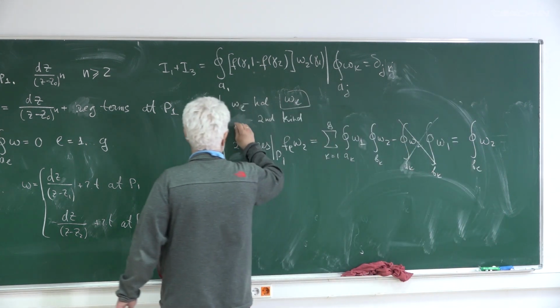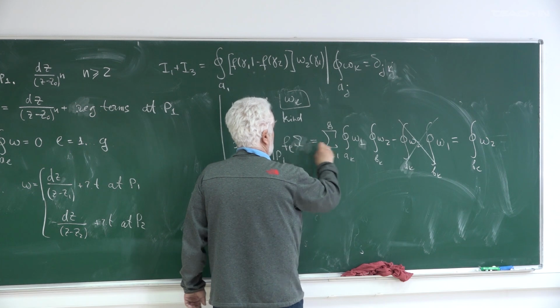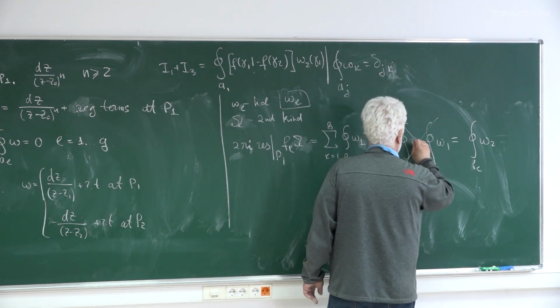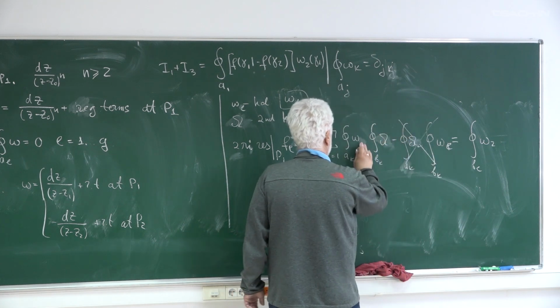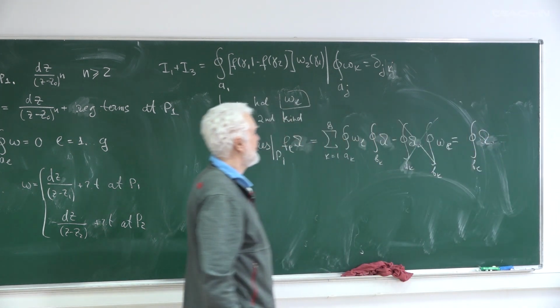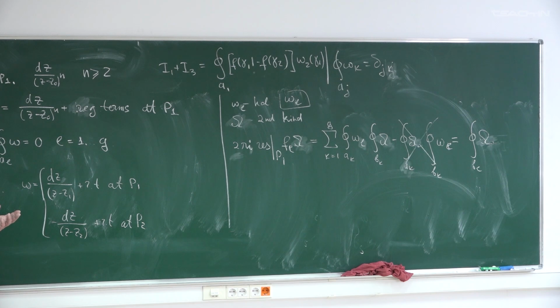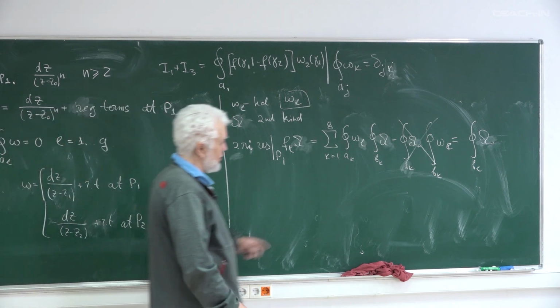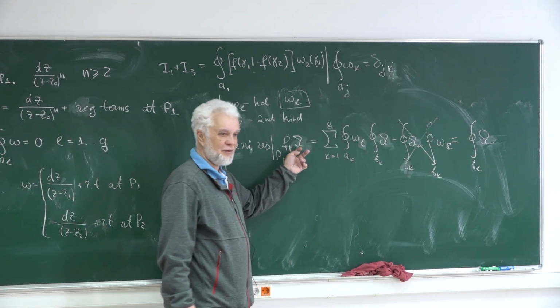Or maybe it's better to use this notation, omega capital A. Is it clear? Therefore, it means that you don't even need to know the holomorphic one-forms. If you'd like to calculate these integrals, you can calculate these residues instead.